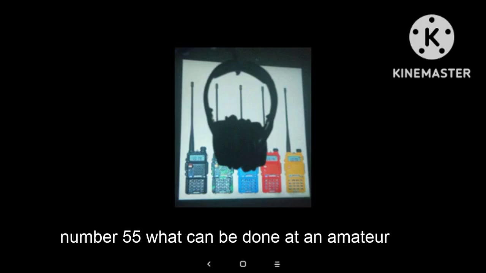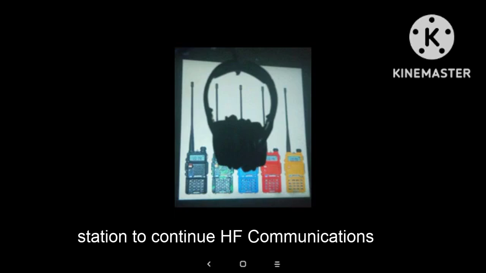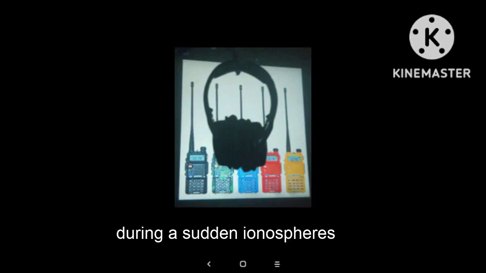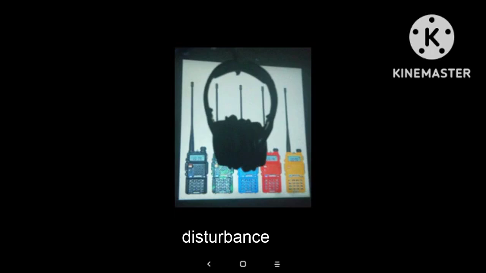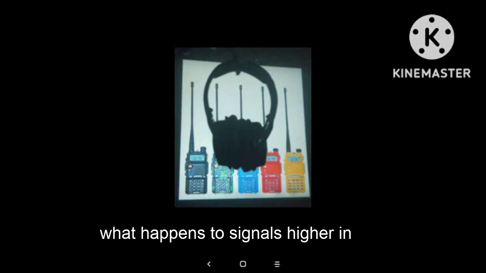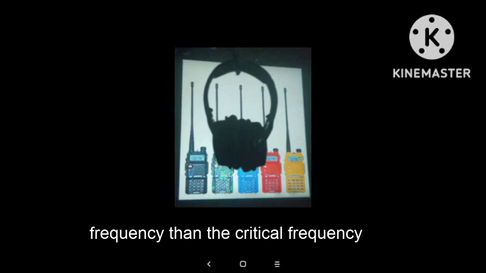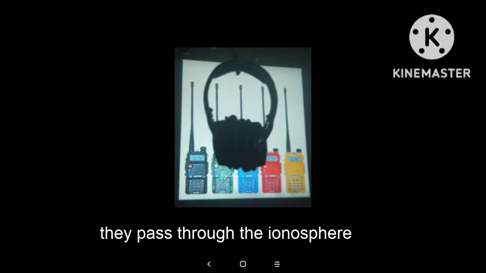What can be done at an amateur station to continue HF communications during a sudden ionosphere disturbance? Try a higher frequency. Number 56. What happens to signals higher in frequency than the critical frequency? They pass through the ionosphere.